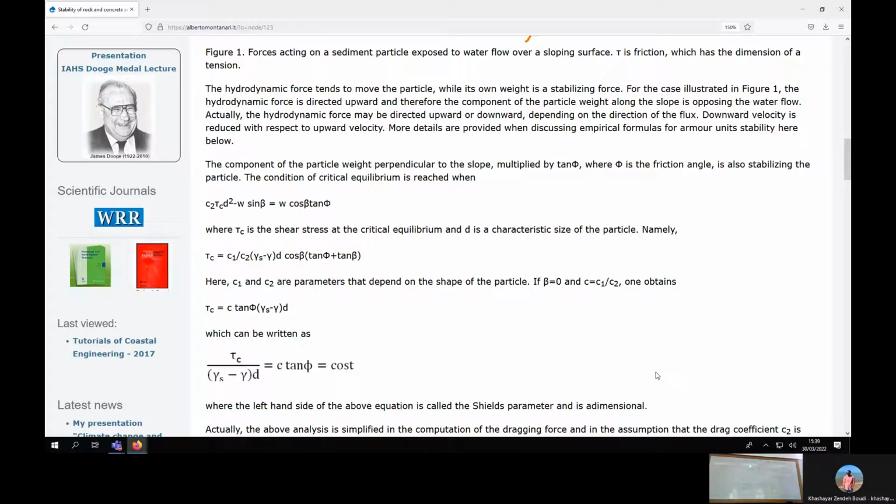What are the assumptions that I made? The assumptions are that the forcing F can be expressed as the product of C2 tau d squared.